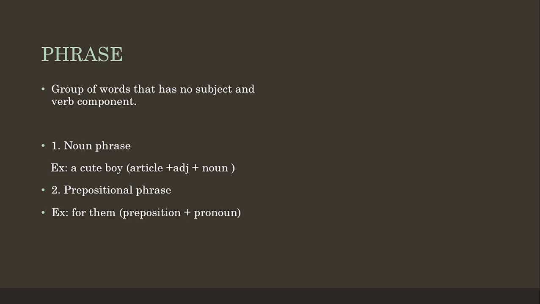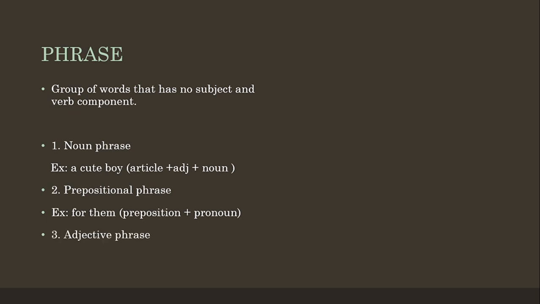I just read the preposition aloud and then I give the question what or whom. For what? And then the answer is for them. It doesn't make sense. So we don't use what. Number two is we use whom. When I say for whom and then the answer is for them, it makes sense. So the group of words, the phrase for them, is a prepositional phrase.